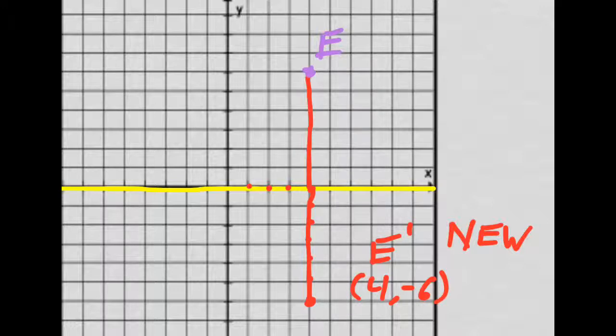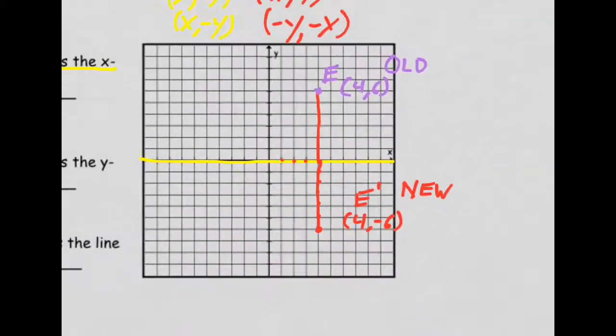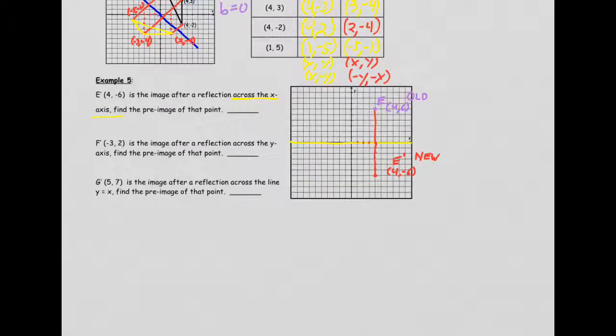And so my E is at positive 6, and this is my old, or my original. But notice it's still the same idea. When you reflect something across the x-axis, what you change is the y, the sign of the y.